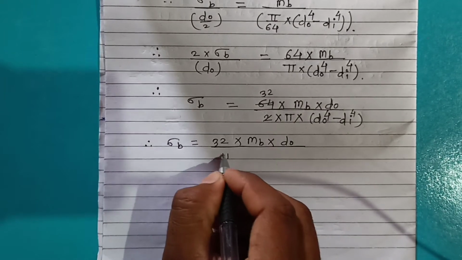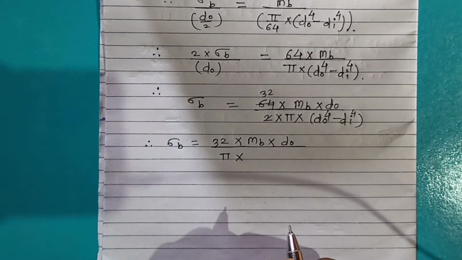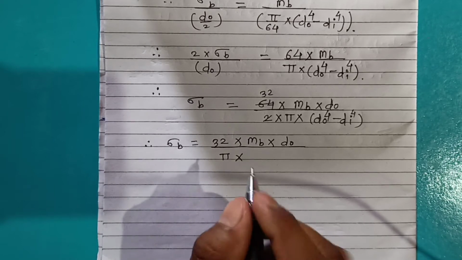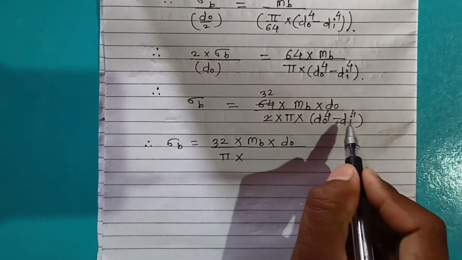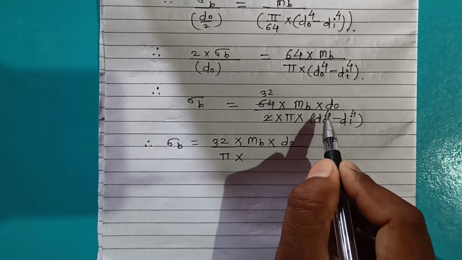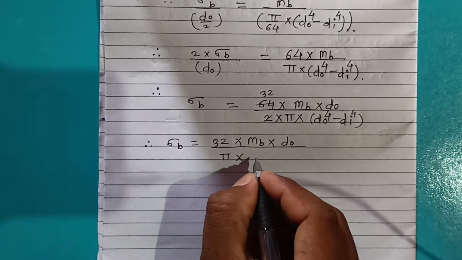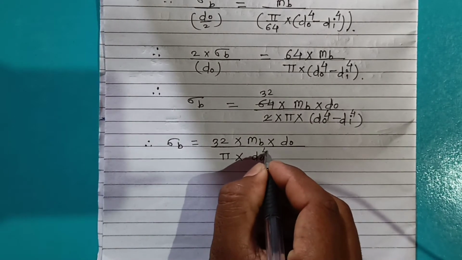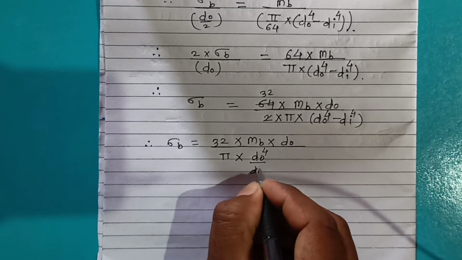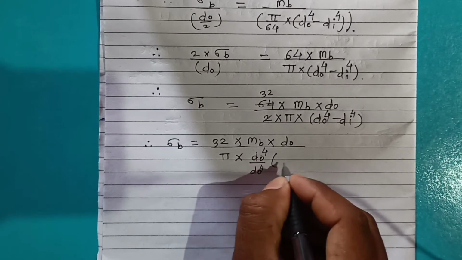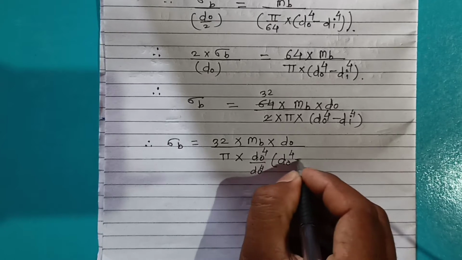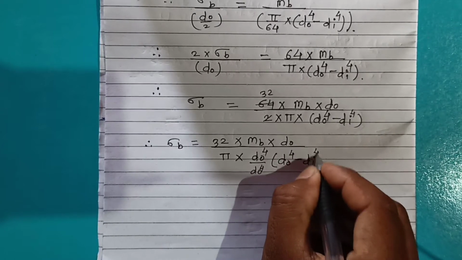See here, pi into, multiply by do raised to 4 to this bracket, in the numerator and denominator. See here, do raised to 4 divided by do raised to 4, into this bracket, do raised to 4 minus di raised to 4.